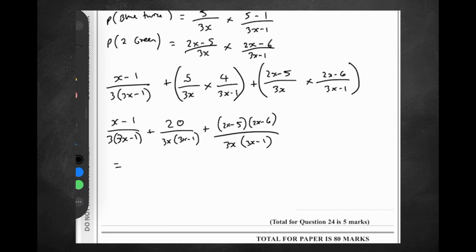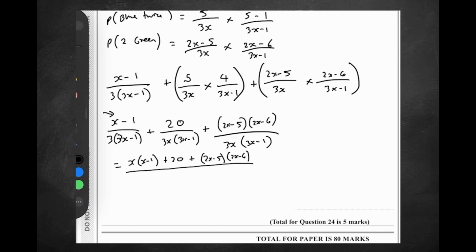What I'm also going to do here is times this first one by x, because you can see the denominator is almost the same. So if I times the top and the bottom by x, I can put them all onto the same denominator. So we're going to say x lots of x minus 1 plus 20 plus 2x minus 5 lots of 2x minus 6, all over, and we'll also expand this out at the same time.